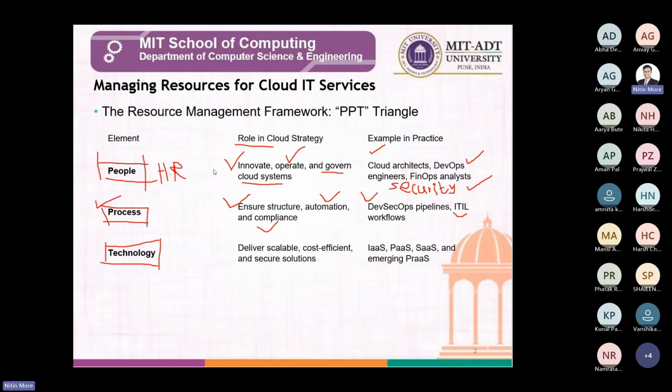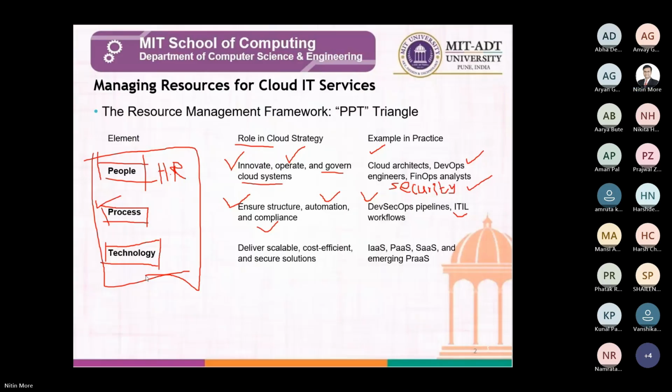If we are not implementing this technology properly, we can have poor architectures that may result in low performance. So we need alignment of people plus process with the technology. We also require proper integration of all these three, that is people, process, and technology all together, right?